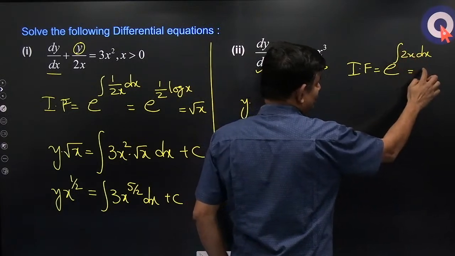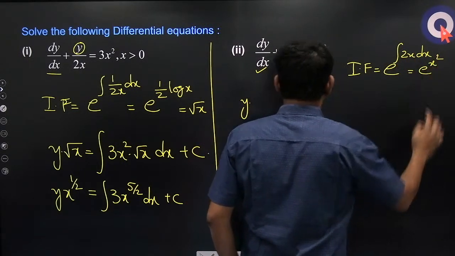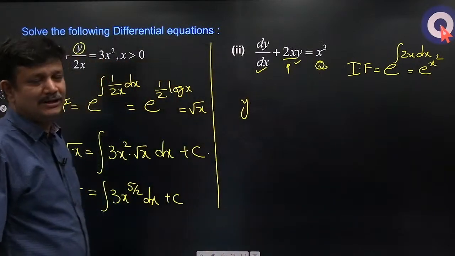This becomes x square, e power x square. e power x square is your integration factor.